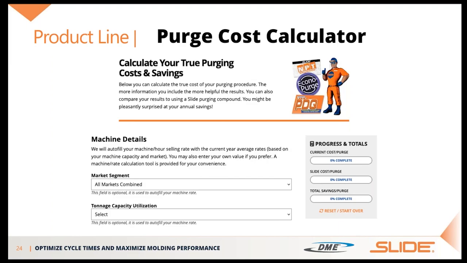If you punch in your info in the purge cost calculator, we can give you an estimate versus the other one. How much you're using, which type it is, what type of resin, all that stuff, and it'll give you a breakdown and an estimate. Now, like I said, the proof is in the pudding and the eating. So we'll send you some to try out if you want.